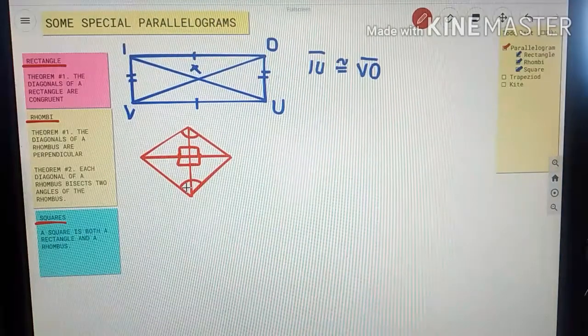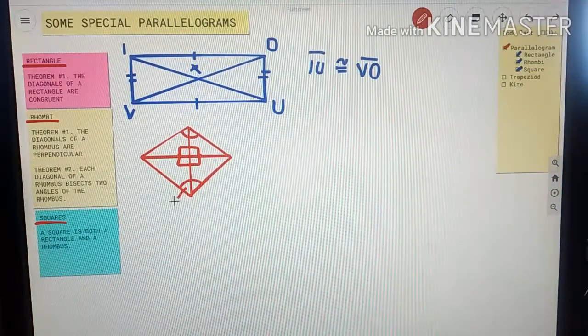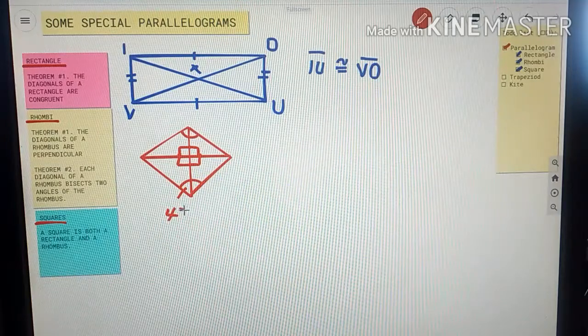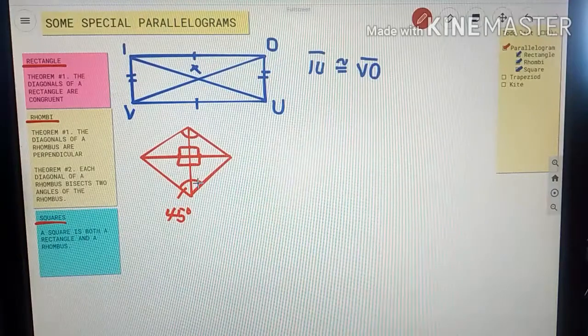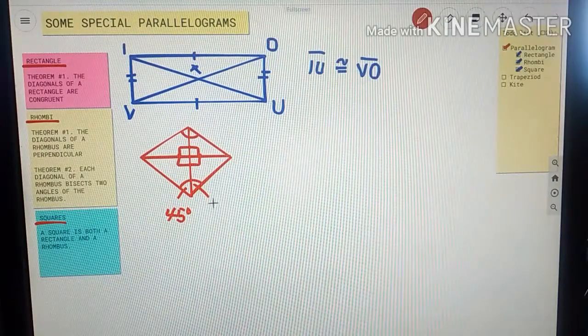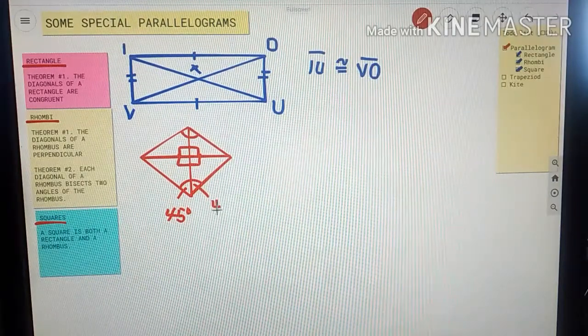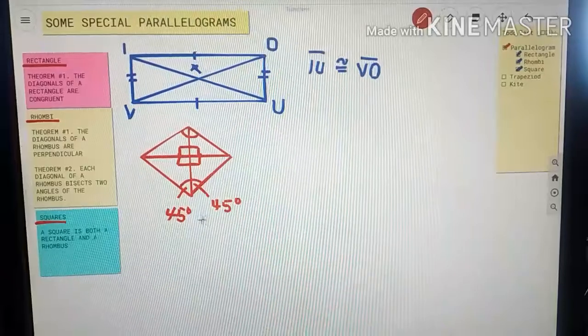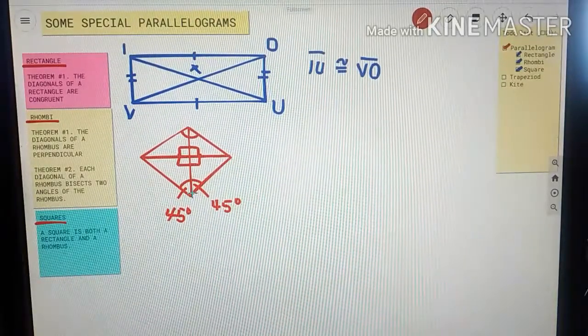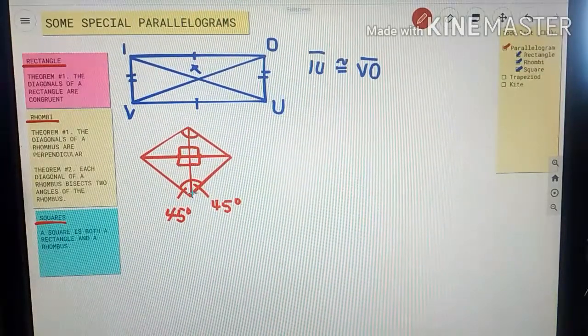So meaning, if this angle measures 45 degrees, this angle here also measures 45 degrees, because the angle was being divided into two equal parts.